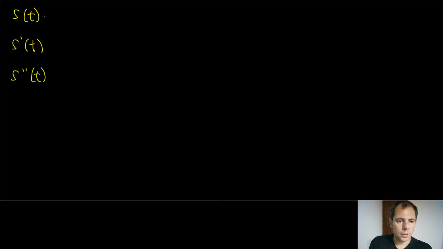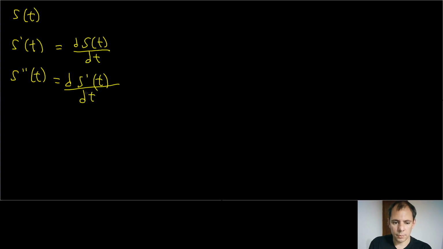So what I did was to put this in here. This equals the derivative of the function of space as a function of time with respect to time. This is the same thing as the derivative of the velocity as a function of t with respect to time. Okay, so there you go.